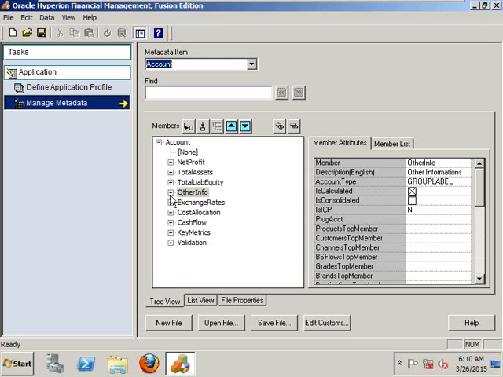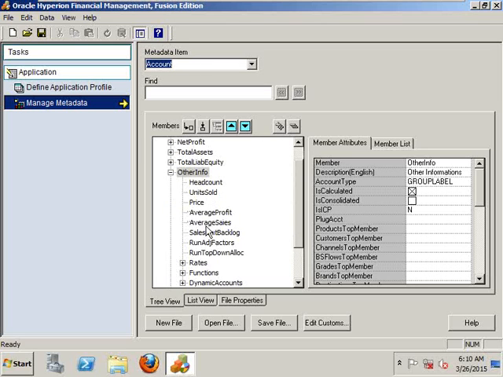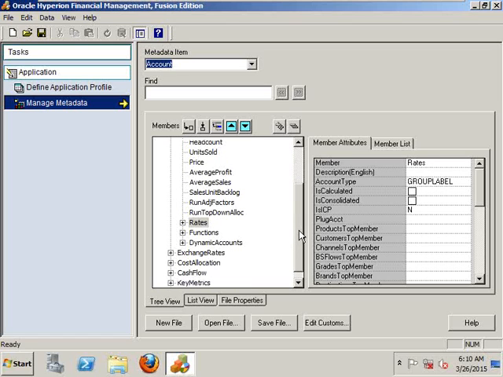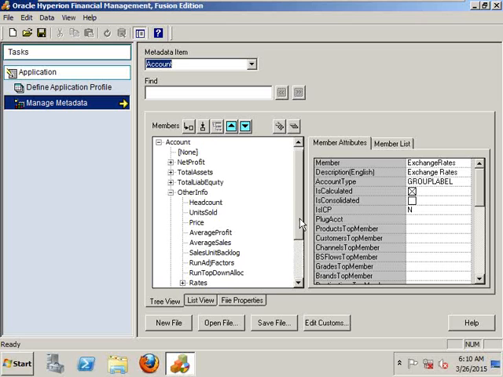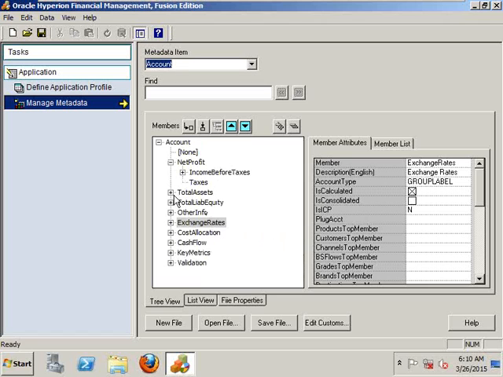If you require other information, like head counts or percentage calculations, we can create other hierarchies. And this rates hierarchy we use to pass the exchange rates. I will explain what exchange rates we have. Likewise, we need to maintain all the required information, creating different hierarchies for them. So first we need to define the hierarchy structure.